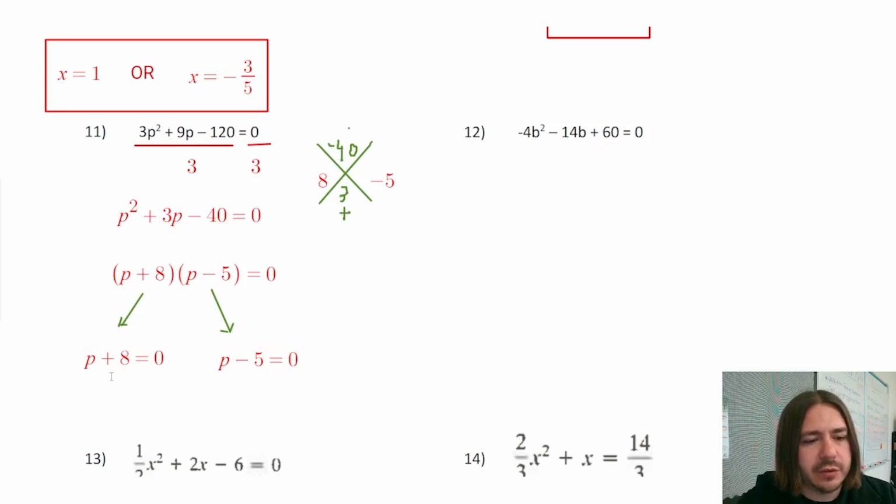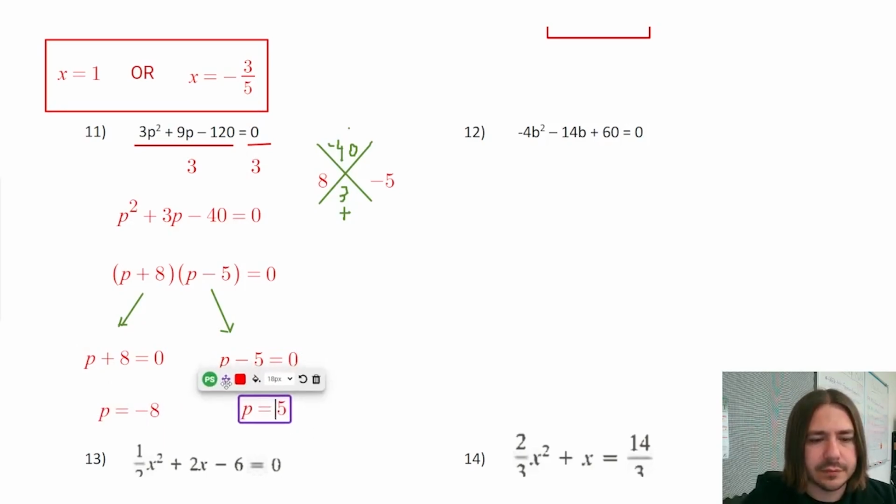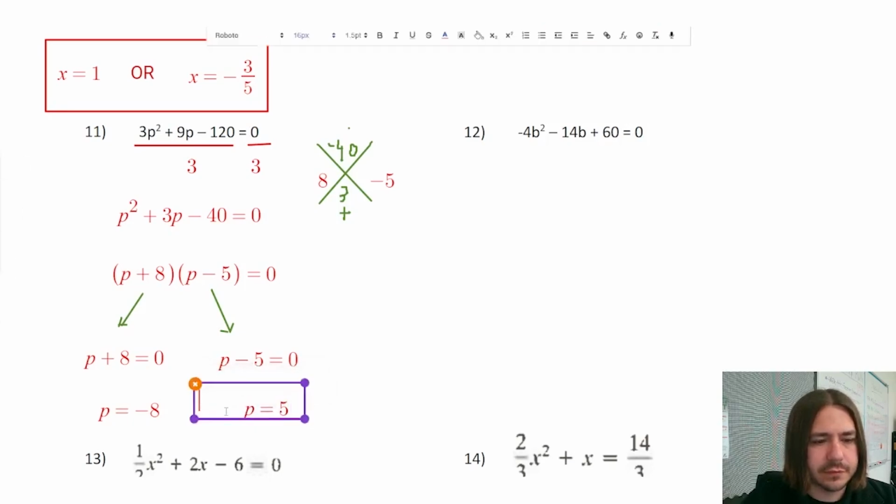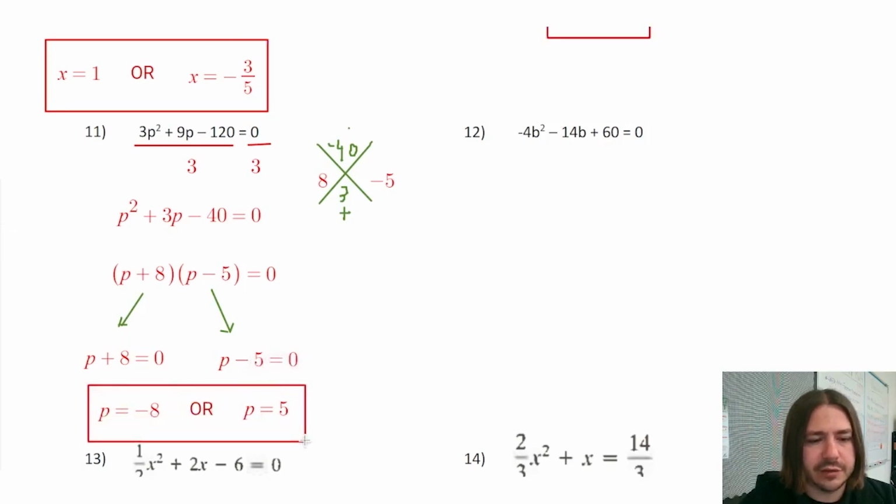All right, so for this left equation, we're going to subtract 8 from both sides and get p equals negative 8. For the right equation, we can add 5 to both sides and get p equals 5. Those are our two solutions, negative 8, 5.